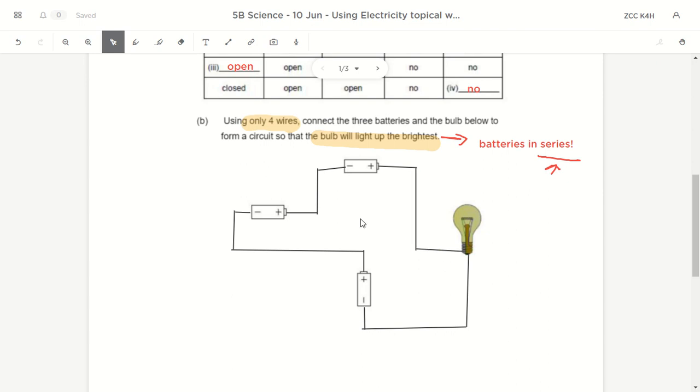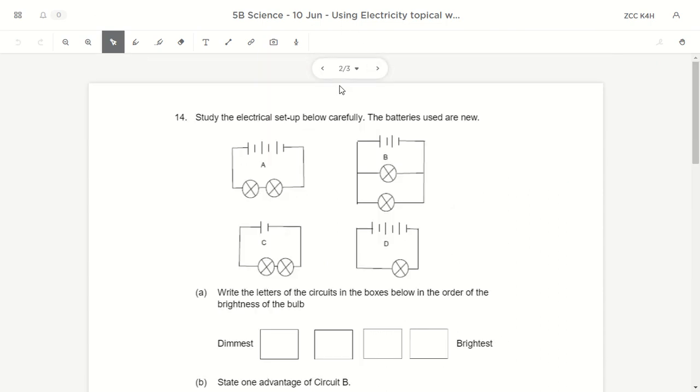Yeah, something like that. So you have one wire, two wires, three wires, and four wires, and they are all connected in. The batteries are all connected in series. So this is question 13, quite simple. Let's go on to question 14.